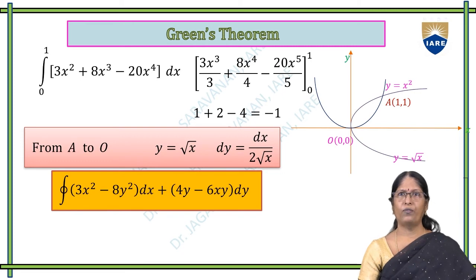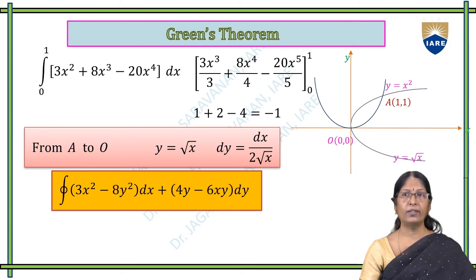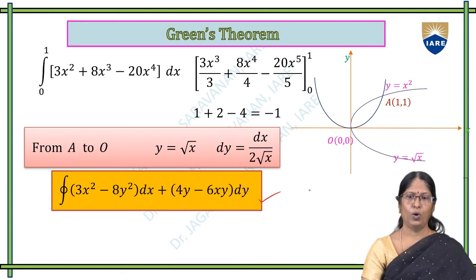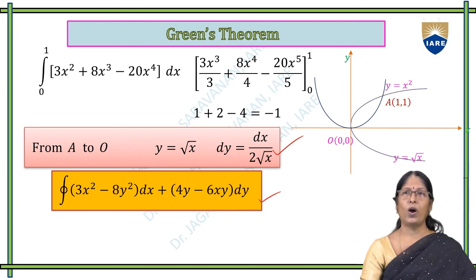Now the function is 3x square minus 8y square dx plus 4y minus 6xy of dy. With the curve y equal to root x, dy equals dx by 2 root x. We are going to substitute.